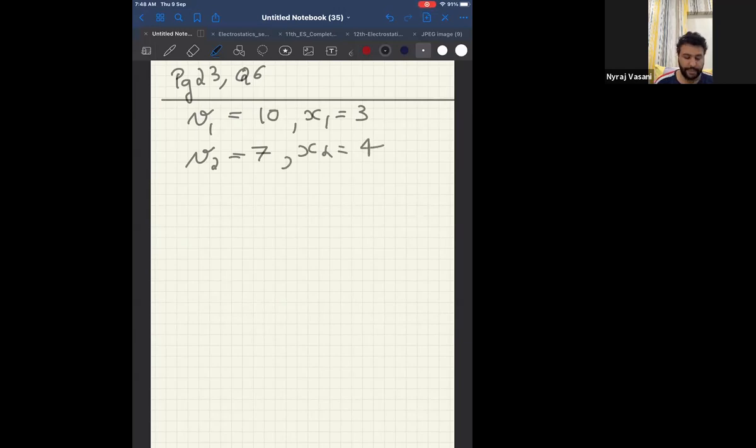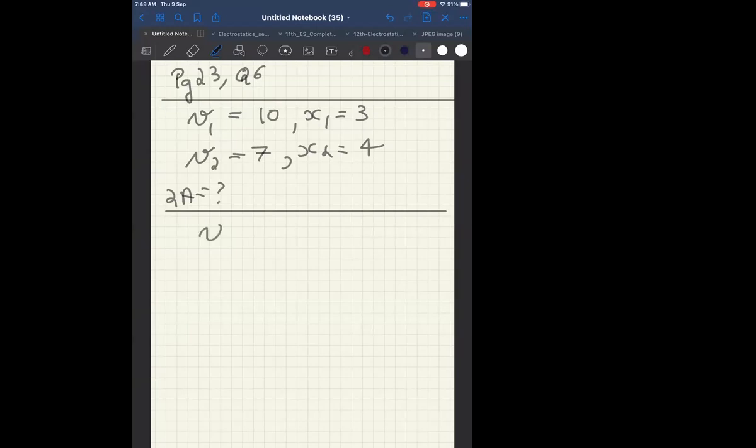Calculate the length of the path, means calculate 2a. Understood the question? They have given two scenarios. In the first scenario, we have velocity and displacement. In the second scenario, also we have velocity and displacement.